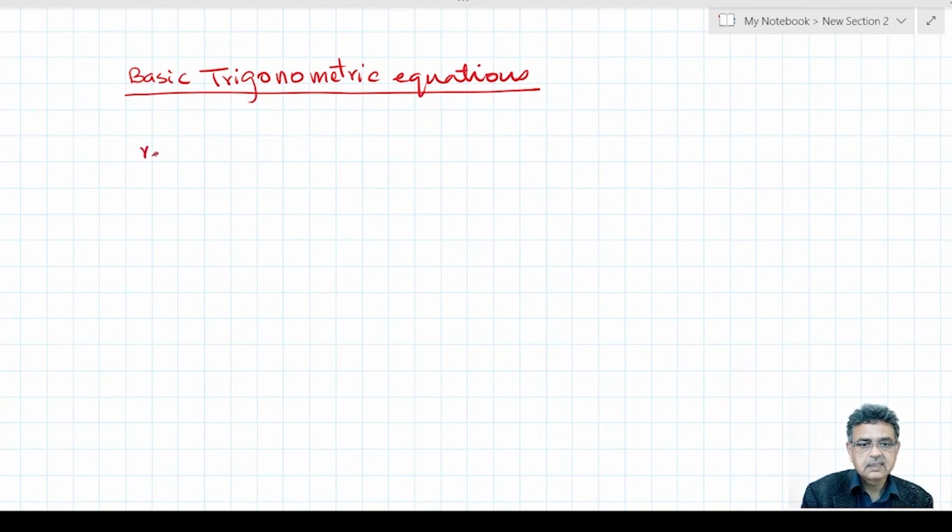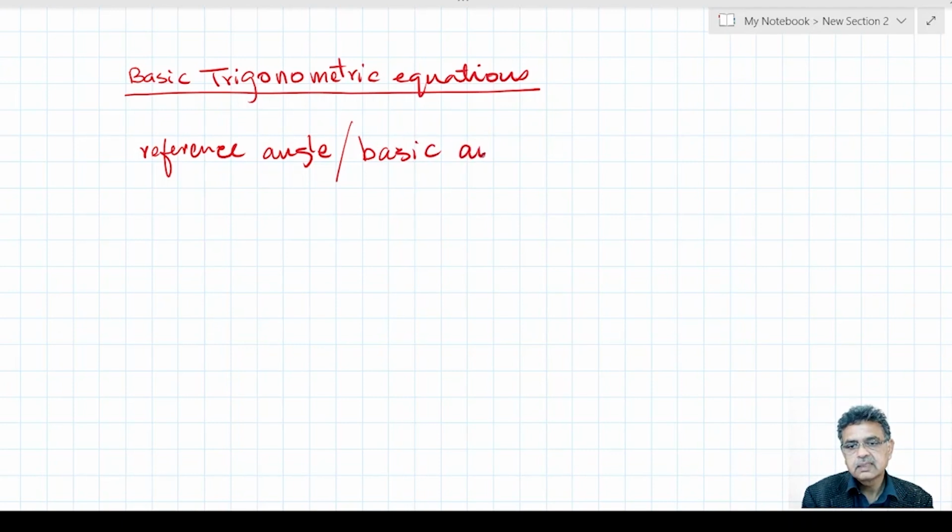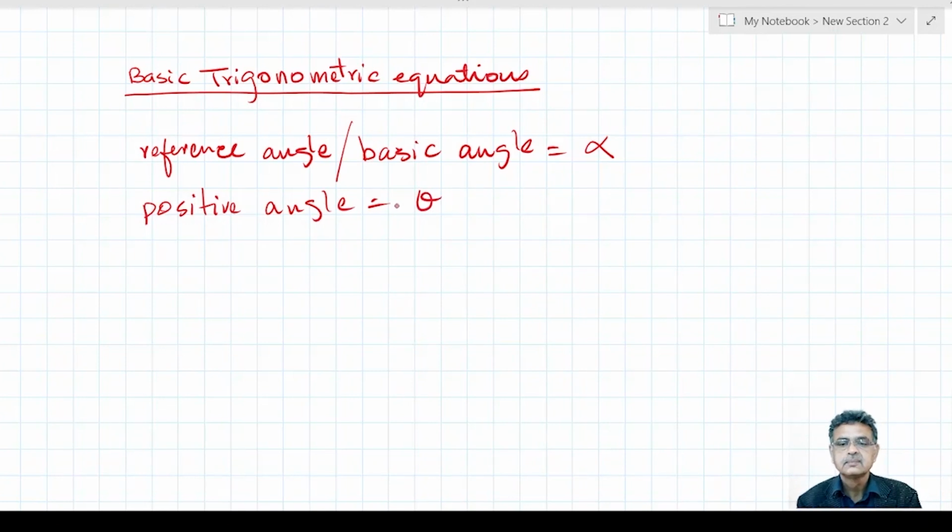A reference angle, or basic angle, we will consider as alpha, and the positive angle as theta.